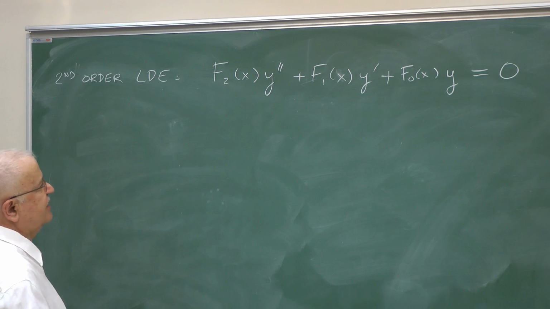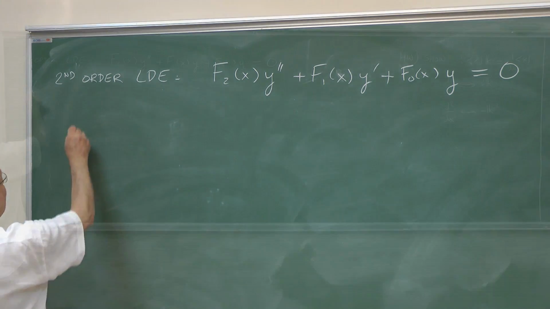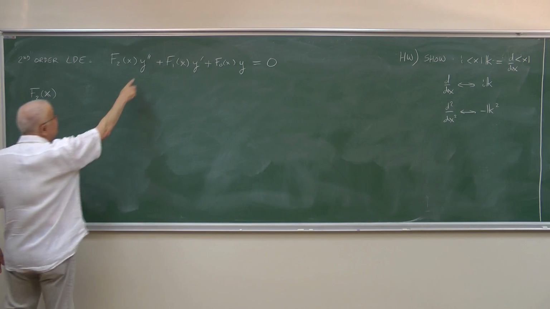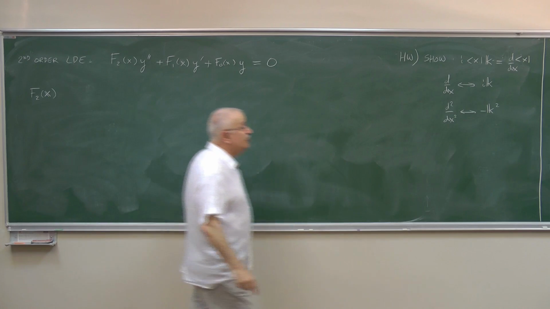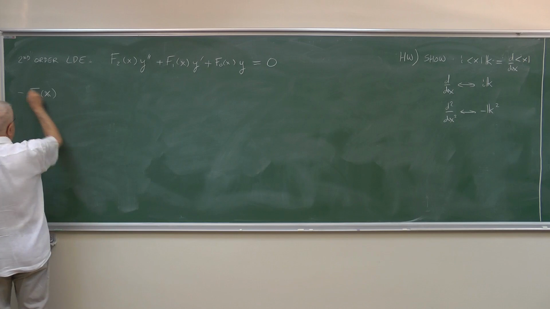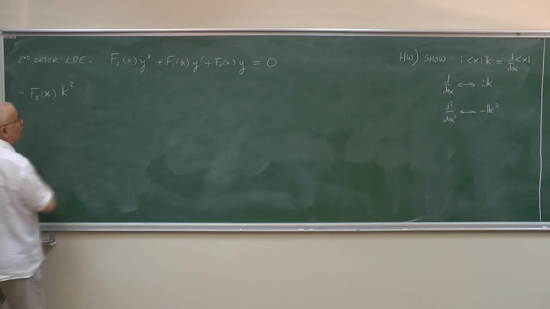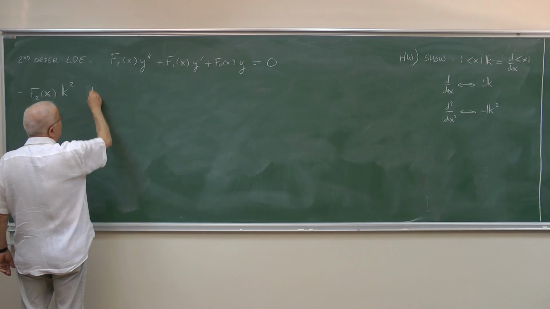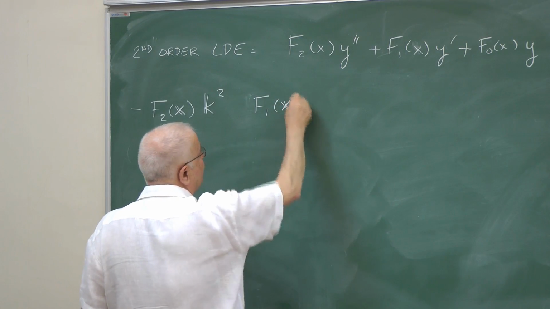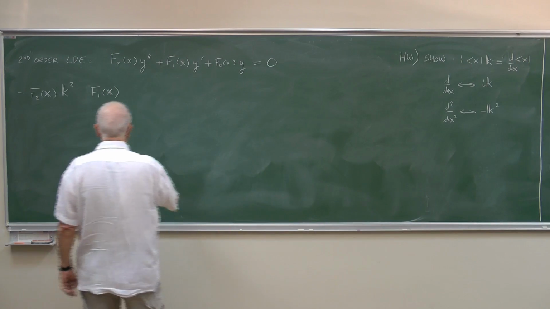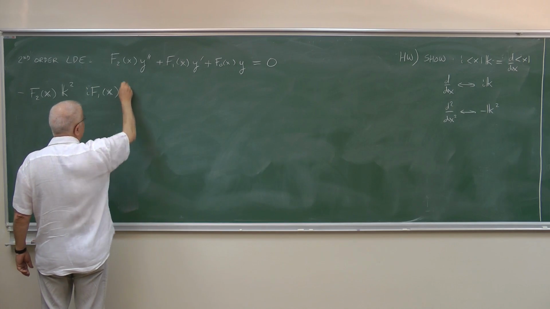The more abstract thing would be perhaps f2 of x operator, then the second derivative, the second derivative is minus k square. I don't say anything about y. Then f1 of x operator, then the first derivative, which is I k.